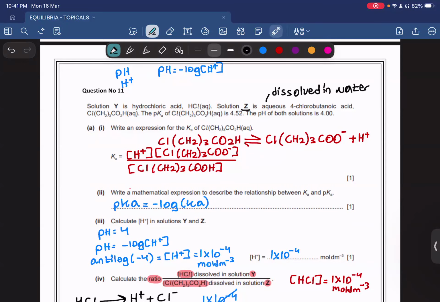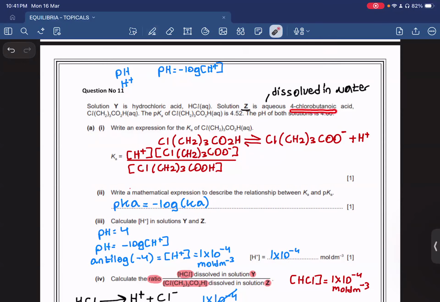So this is aqueous 4-chlorobutanoic acid. Again, there is no tension if you don't know the name or if you do know the name. It does not really matter because this is a name you learn in organic chemistry. 4-chlorobutanoic acid is basically a 4 carbon containing carboxylic acid, hence the word but.